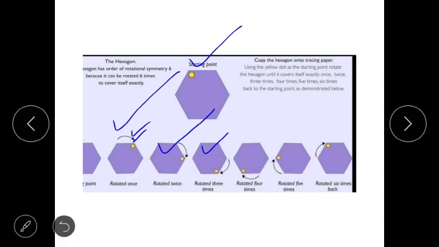Rotate it 3 times, again it fits onto itself. Rotate it 5 times and then 6 times. It will come back to its original position, so it fits onto itself again. So the hexagon has order of rotational symmetry 6, because it can be rotated 6 times to cover itself exactly. Each and every time it superimposes onto itself. That is the case of order of rotational symmetry.